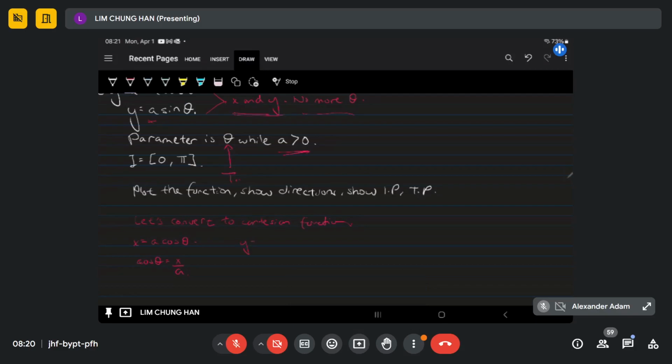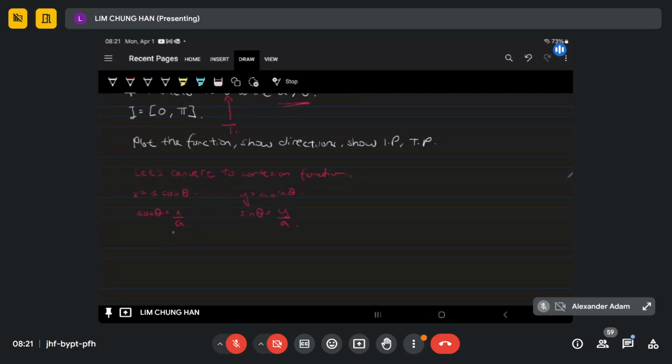Next, we know y equals a sine theta. You rearrange to get sine theta, which is y over a. Now we can merge both together.